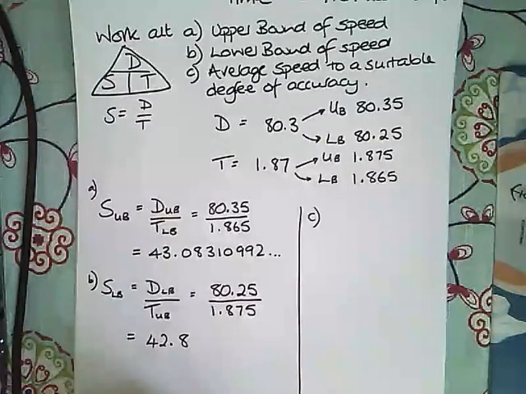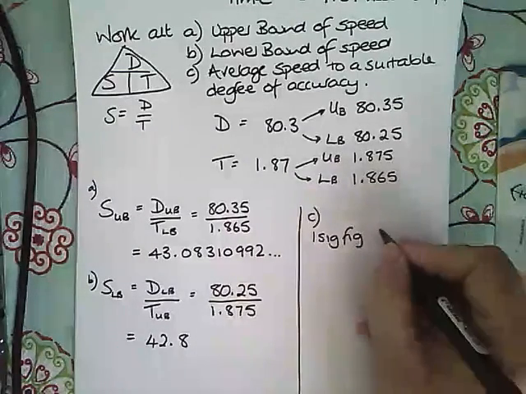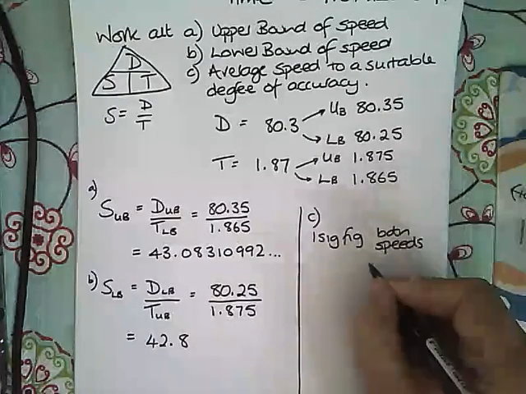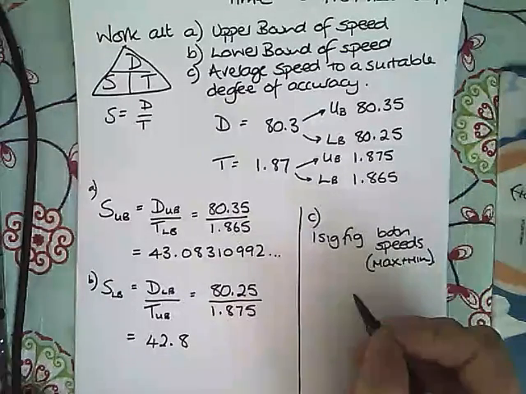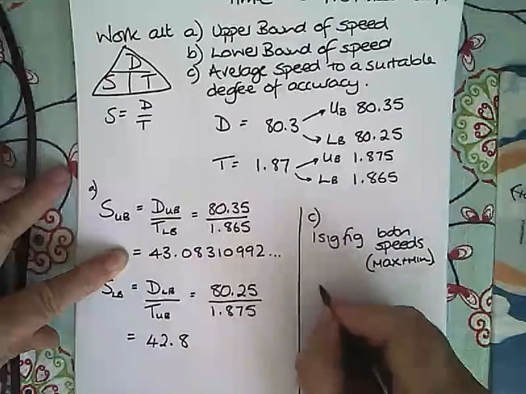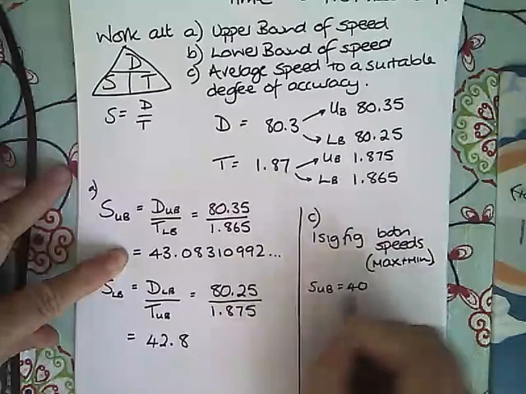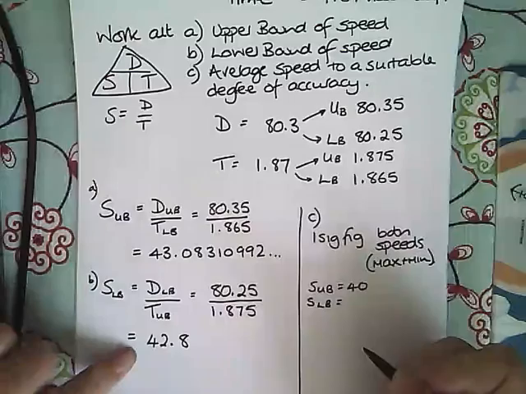So I'm going to start off by writing them to one significant figure, for both the max and the minimum speeds. The upper bound to one significant figure is 40, and the speed lower bound to one significant figure is also 40.